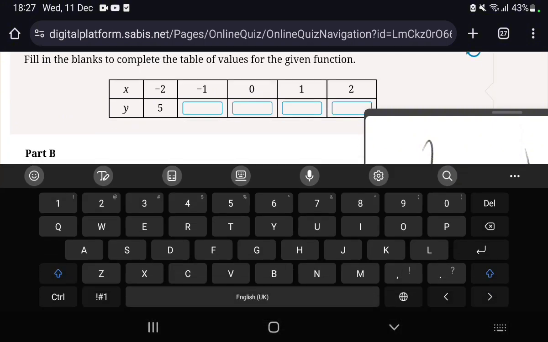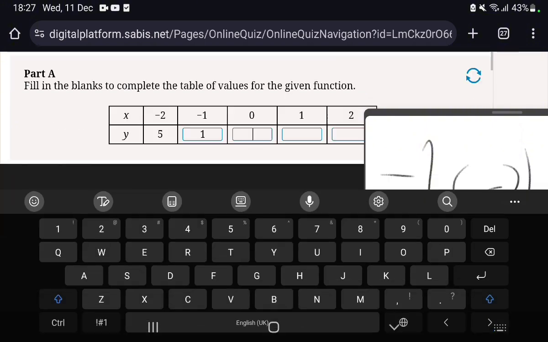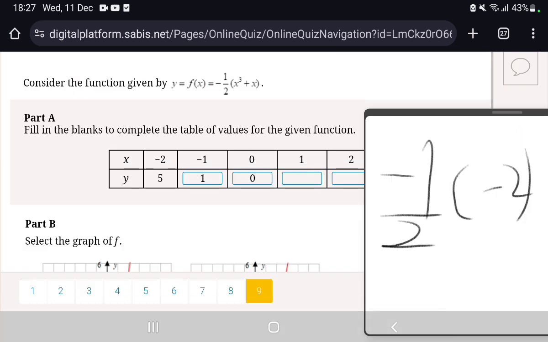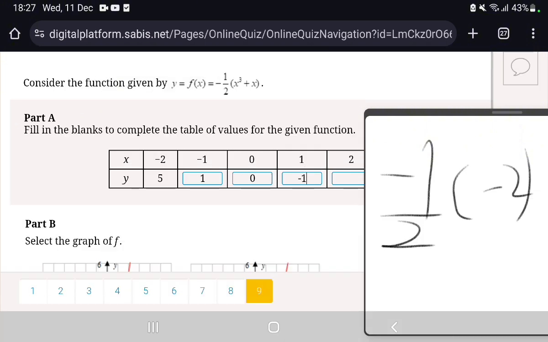If we substitute x by 0, it will be 0. If we substitute x by 1, we will get negative 1. If we substitute x by 2, we will get negative 5.